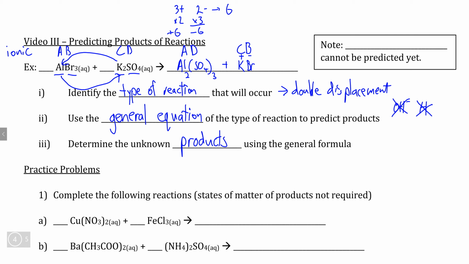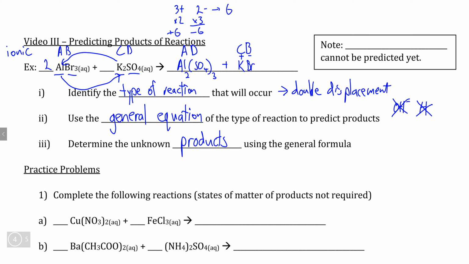And our final step is to actually balance the reaction here, which is relatively easy because we don't have really any oxygen or hydrogen. So let's go about it one element at a time. Our products have 2 aluminum, so let's put a balancing coefficient of 2 there.